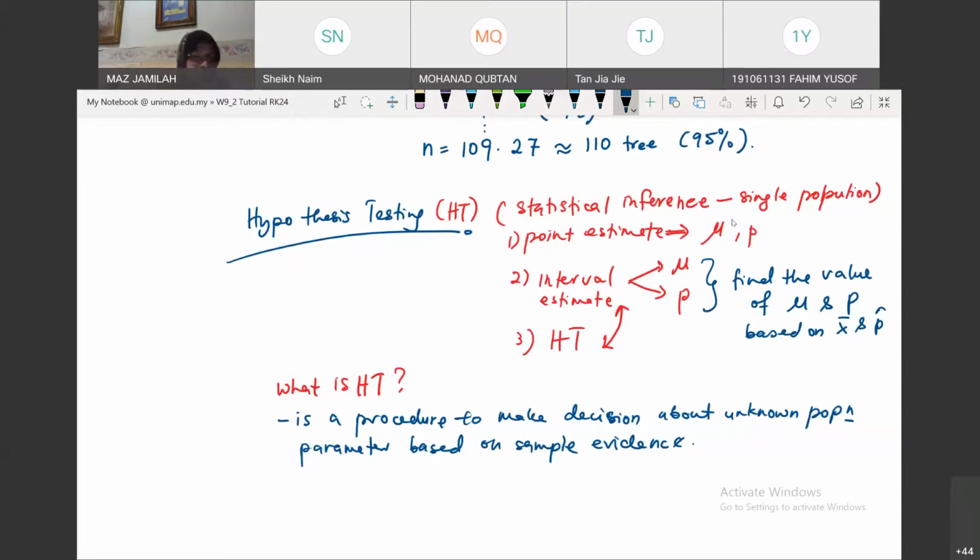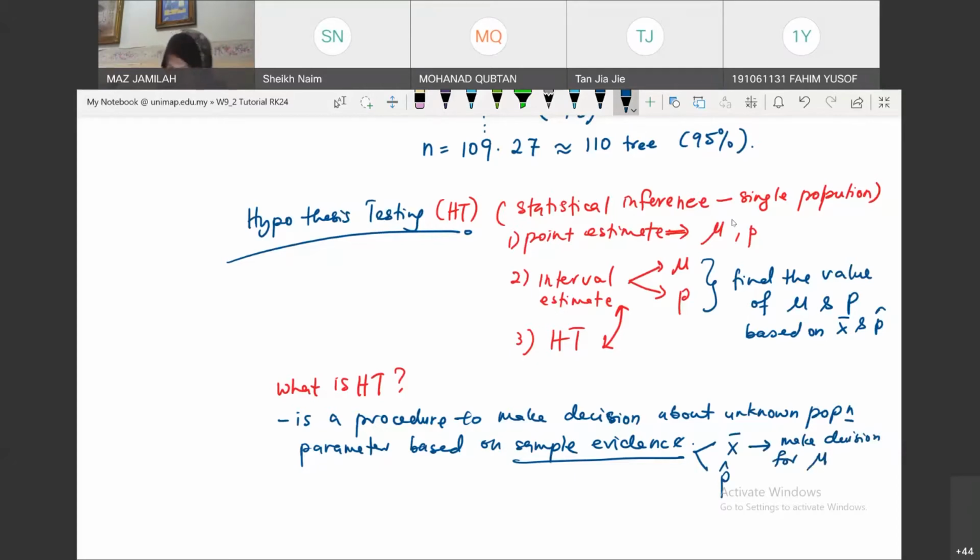Now, what kind of sample evidence are we talking about? We are going to discuss the sample evidence of X bar and P hat, the same as in interval estimate. So by using the sample mean, we make a decision for our mean.